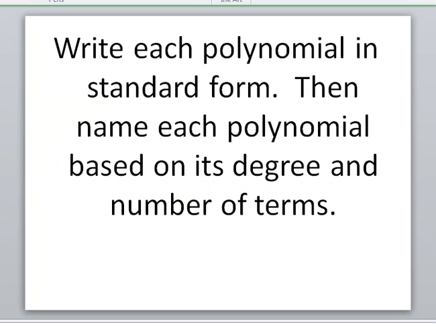One of the things we're going to do is write each polynomial in standard form, again being highest degree down to lowest degree. Then we're going to put a name on the polynomial based upon its degree, such as linear, constant, quadratic. And then we're also going to give it a second name based upon the number of terms it has.